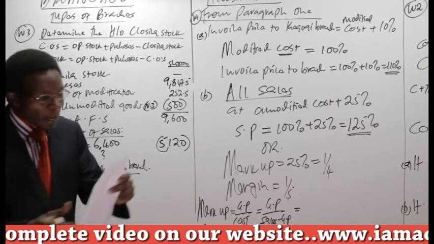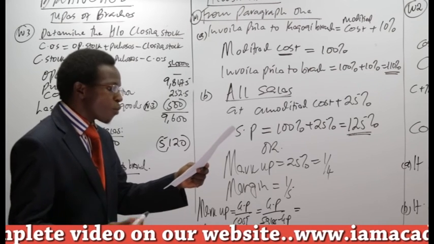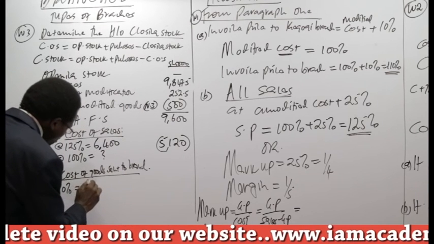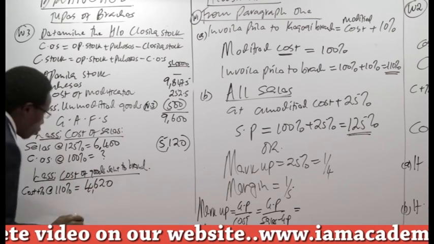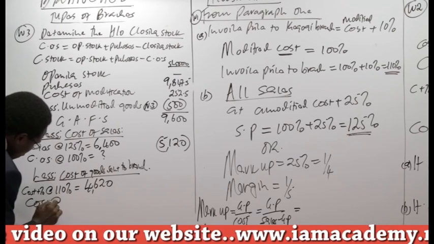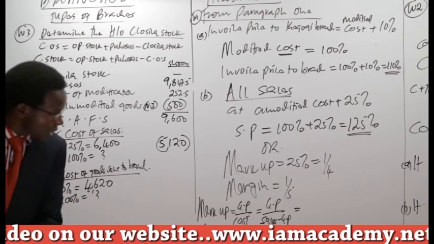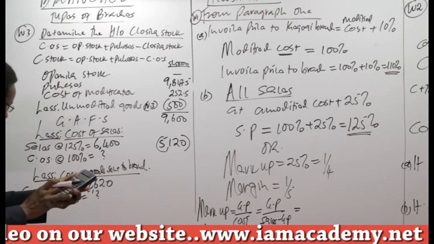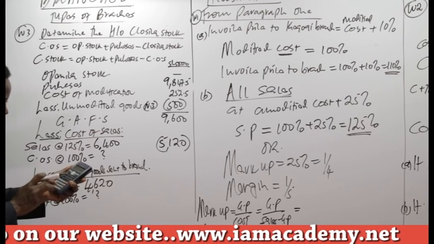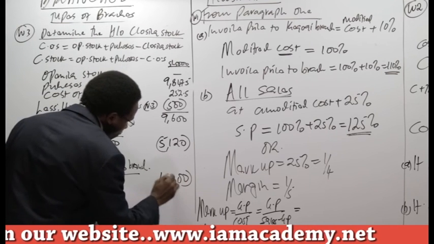We go back to the trial balance and determine the amount of goods that we send to the branch, the value of goods sent to the branch. We send to the branch 4620. So the 4620 is equivalent to 110%. So we ask ourselves, what is our cost, which is definitely at 100%? What will it be? Now in this case, friends, we are talking about 100 by 4620 divided by 110. Then we have 4,200.